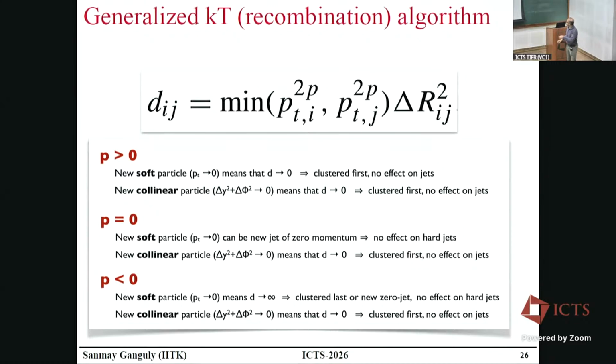So the distance metric, which is purely designed based on the Sudakov double logarithm structure, takes care of what properties a jet reconstruction algorithm should satisfy. This is very important: this is not some arbitrary expression thrown at our face.